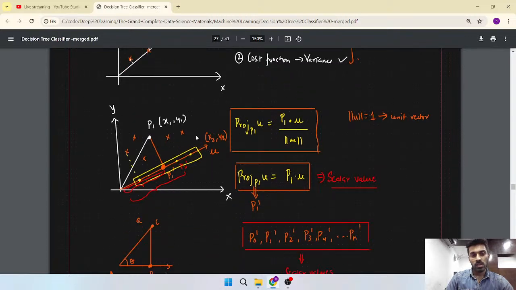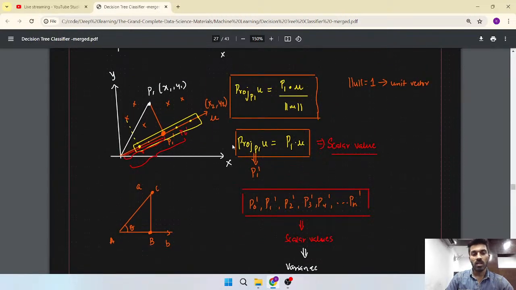You have learned this, I think, in 12th grade algebra: the projection. To find the projection of any vector, you take the dot product of that vector with the vector on which you want to find the projection. Like P1 is there, and you have to find the projection of P1 on U1.